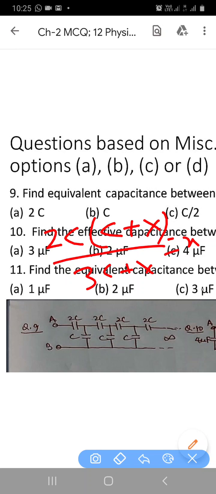So 2C square plus 2CX is equal to 3CX plus X square. So we are getting X square plus CX minus 2C square is equal to 0.